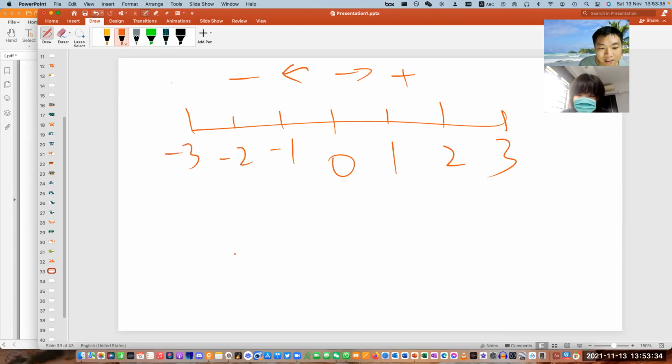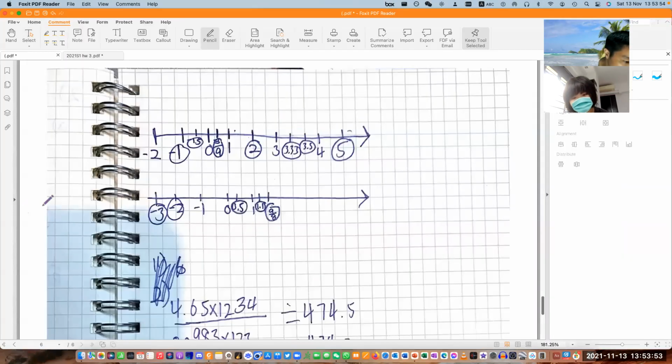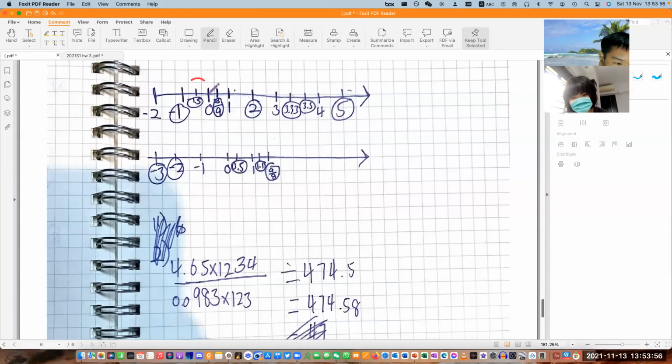And you realize -1.5 is actually in between here. So therefore you should write the -1.5 in between this instead of here. Here is -0.5. Okay, this is -0.5. So you made a careless mistake here. This is supposed to be -0.5 instead of negative. Okay. All right. Next.